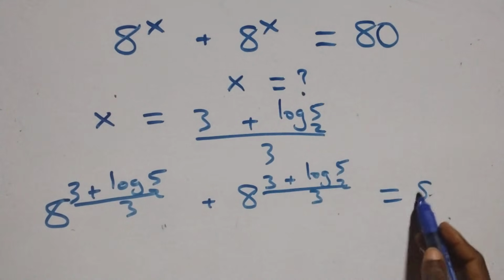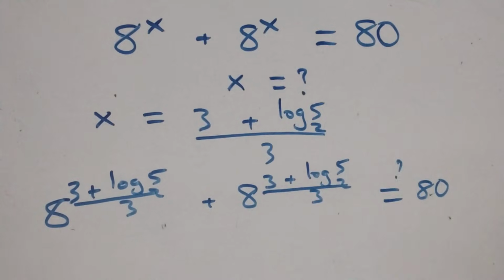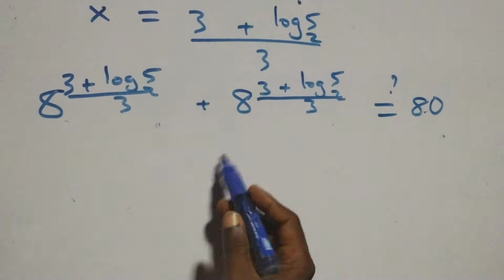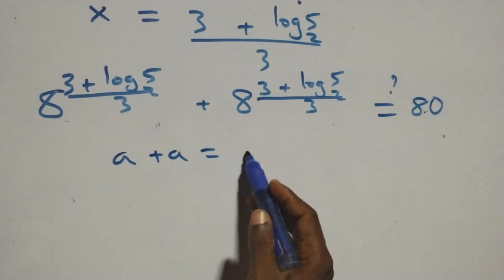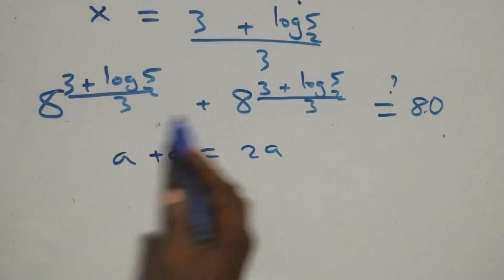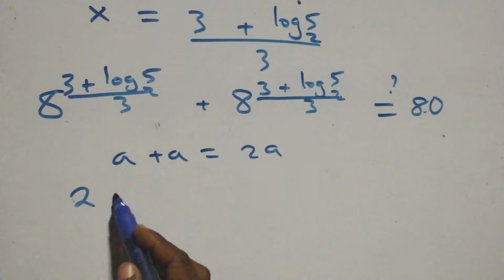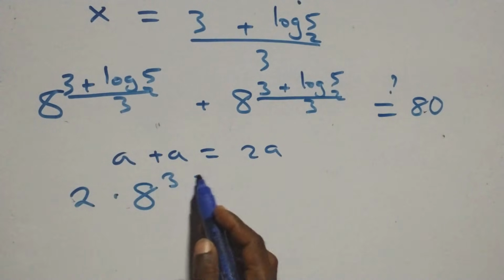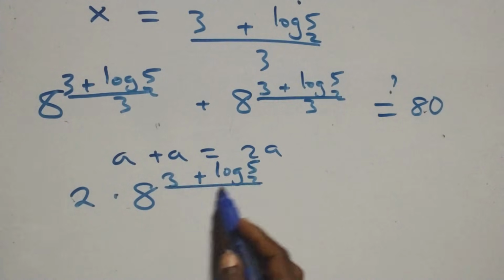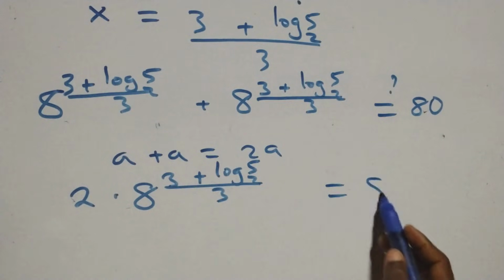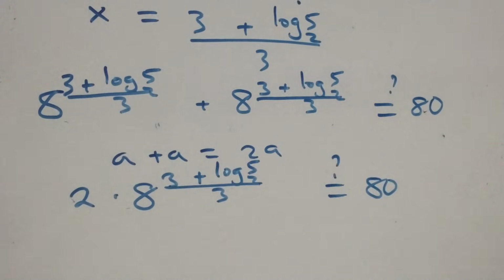Is it equal to 80? When we add the same thing together, a plus a, we write this as 2 times a. So I write this as 2 times 8 raised to power (3 plus log 5 base 2) over 3, is it equal to 80?